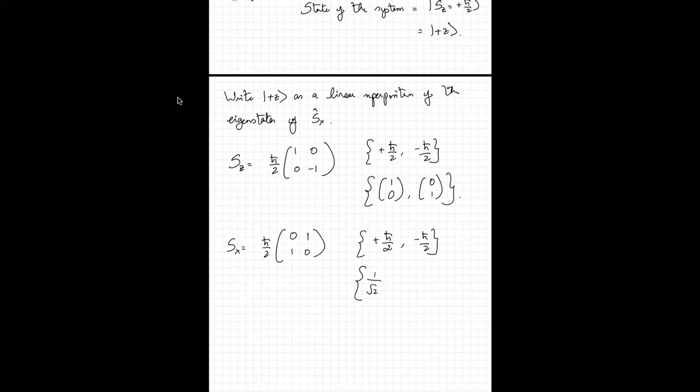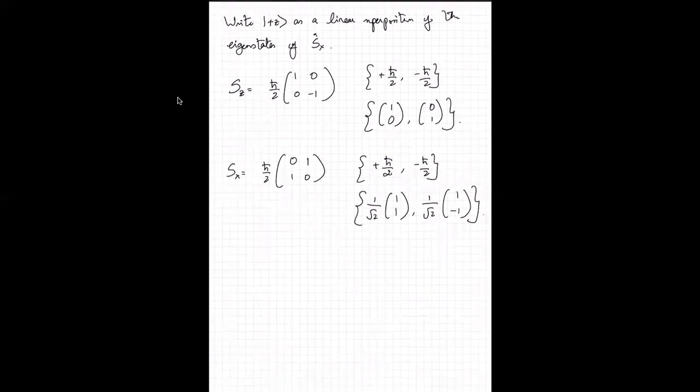The eigenvectors of this are 1 over root 2 times (1, 1) and (1, -1), which you can easily verify. Simply write down the characteristic equation, figure out the eigenvalues, and plug it in the eigenvalue equation, and you will get these eigenvectors.